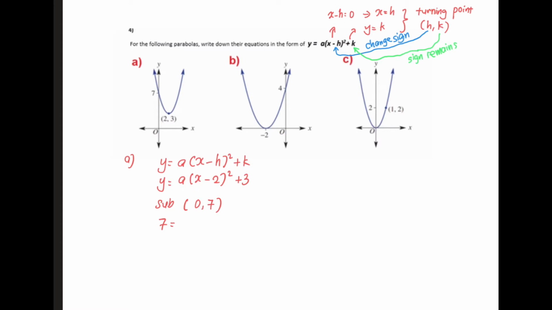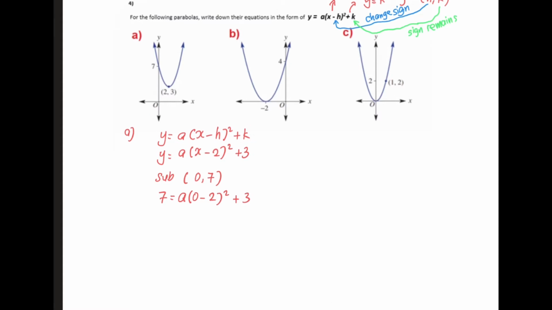This a remains. So the x is 0, then plus 3. And after that, we have to keep working. So 7 equals a(0 minus 2) squared plus 3. This part I just count straight away. 0 minus 2 is negative 2. Negative 2 squared means negative 2 multiplied by negative 2, that is positive 4.